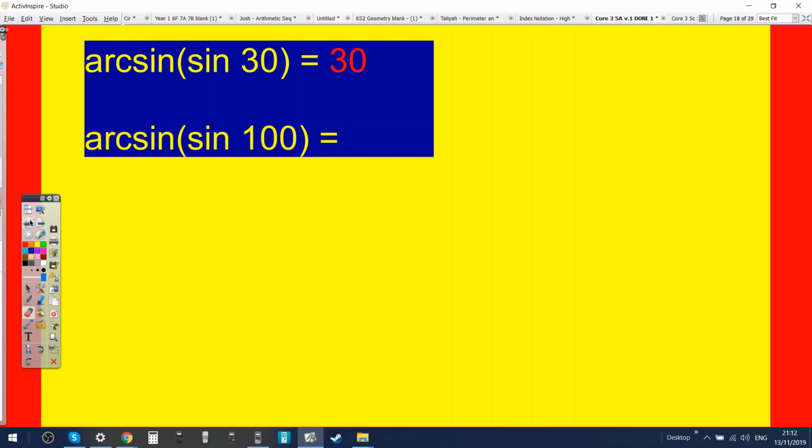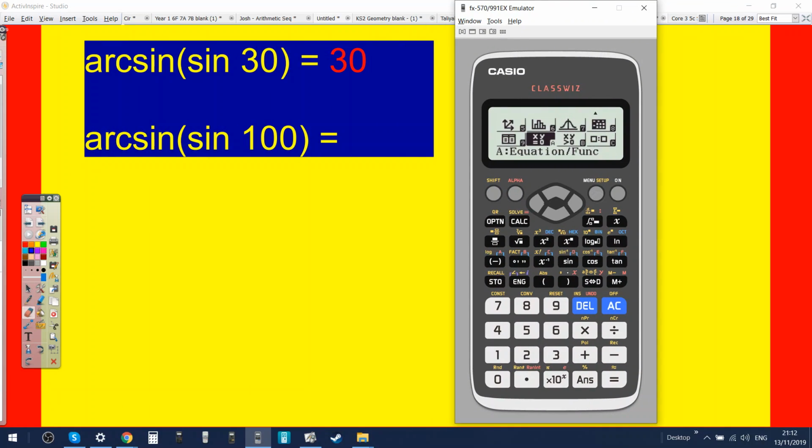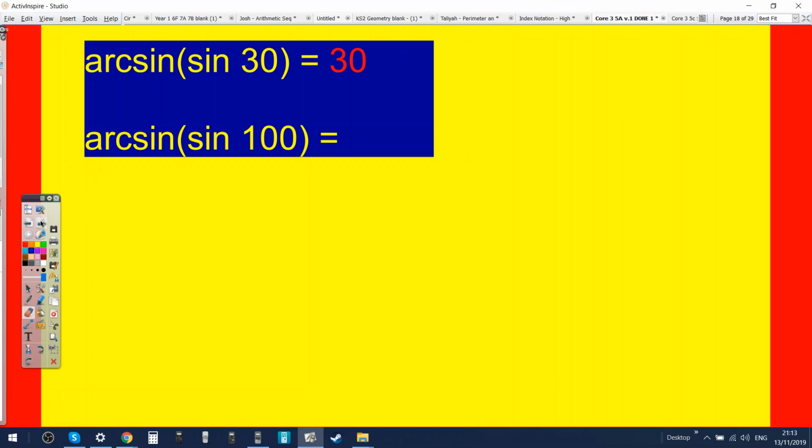Yeah, it cancels it out. So you would think so, but if you put it into your calculator, you don't get that. So if you do shift sine of the sine of 100, in degrees, it gives you 80, and that's because 80 is the principal value.